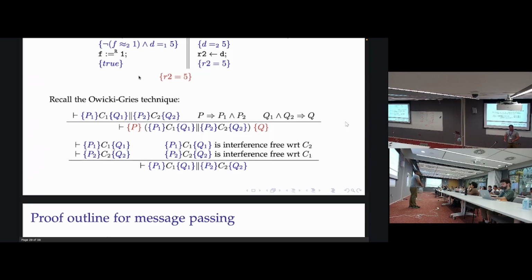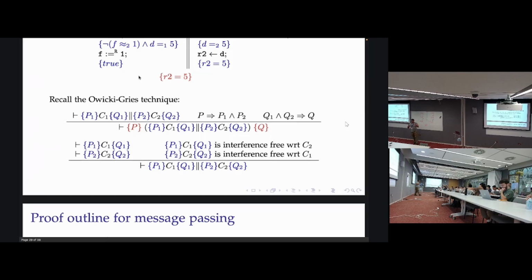So what's a good way to think about it? There are two components now, because you not only have assertions that you have to establish inside the thread, but while you're here, the other thread could execute.